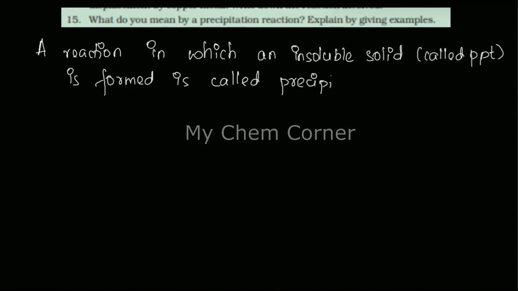So basically in this reaction, whenever you mix two things and you see something solid at the bottom of your test tube, that means it is a precipitate. So such kind of reactions where a precipitate forms at the bottom is called as a precipitation reaction.